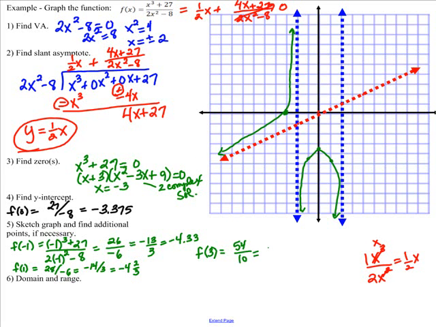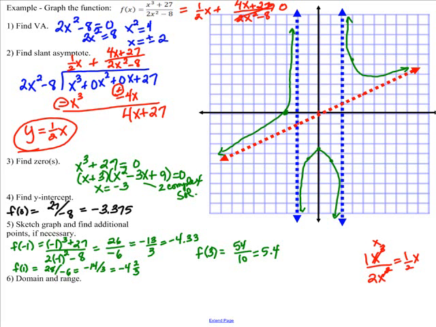So that's going to be a 5.4. So at 3 we have a 5.4. 1, 2, 3, 4, 5.4. So that one point is sufficient to tell us the graph is going to look something like this.